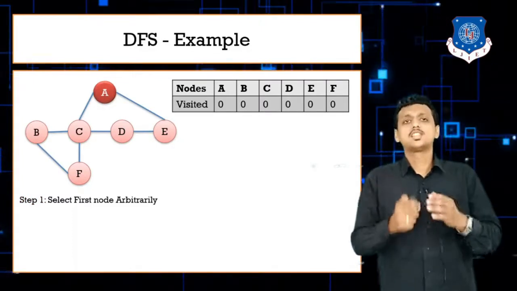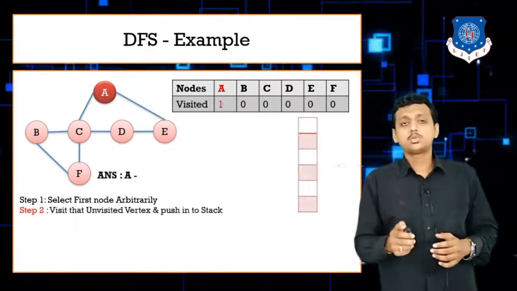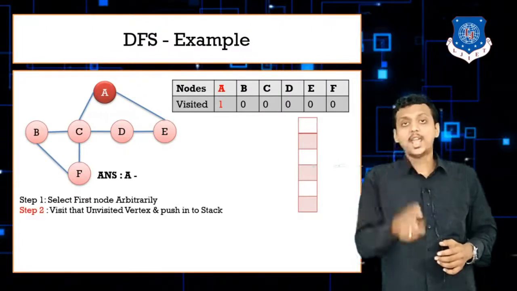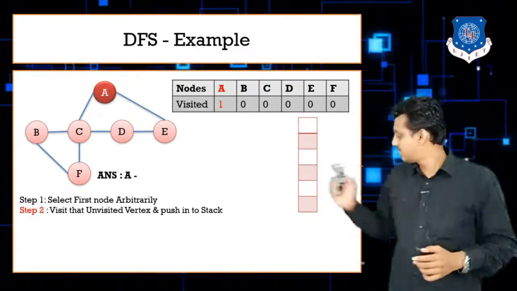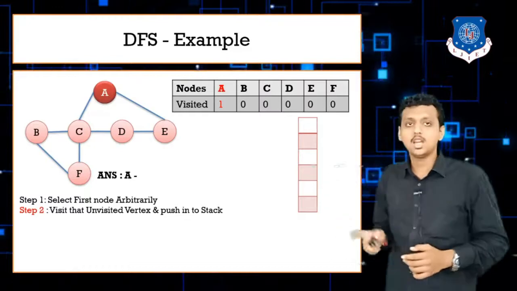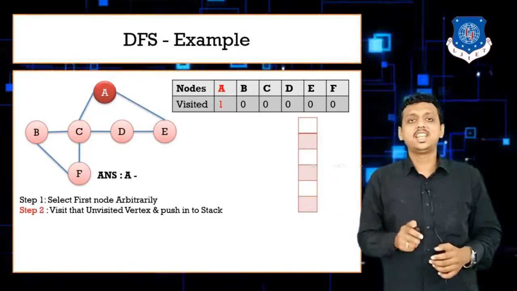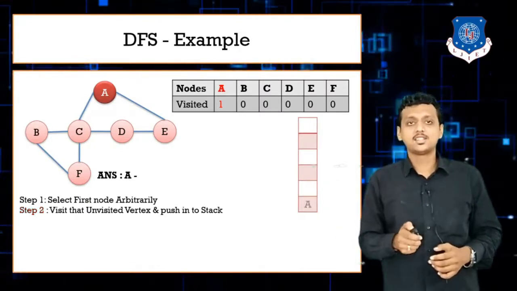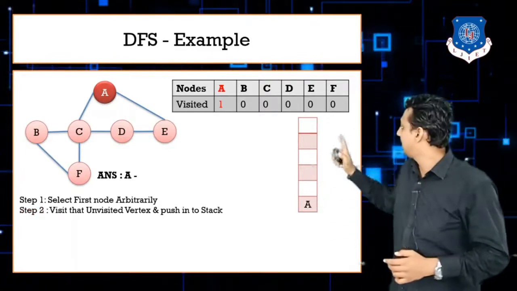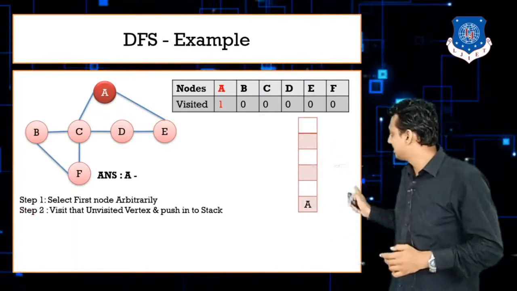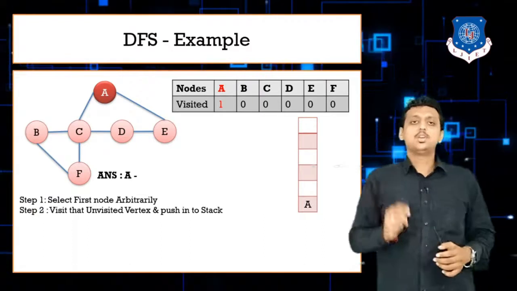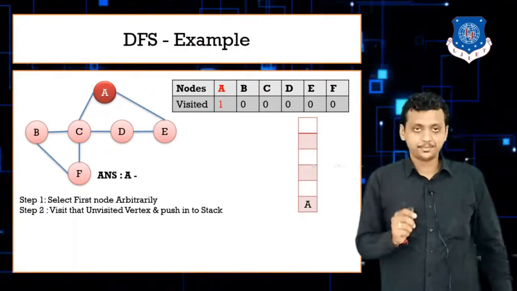Okay. Next, step number 2 is, students, visit that node and push into the stack. So first I'm visiting A. Here it is. See, I'm visiting A and pushing A inside my stack. Okay, so now my top pointer is pointing to A. Fine.